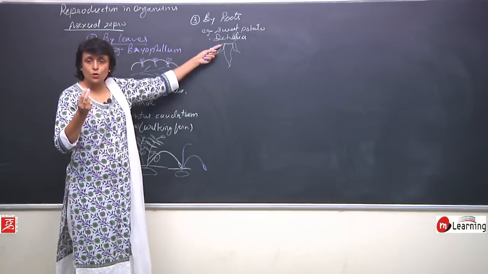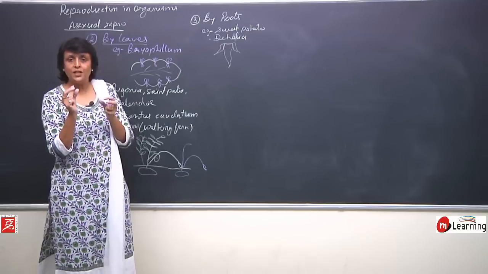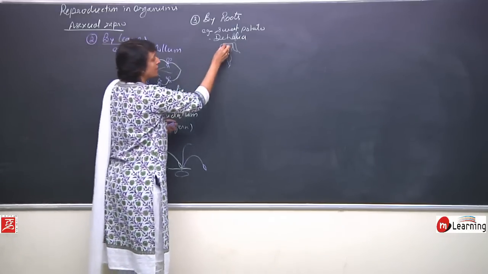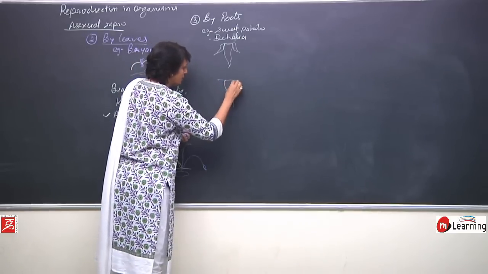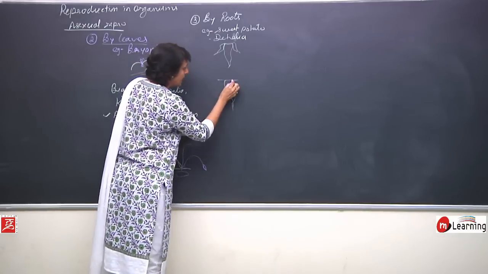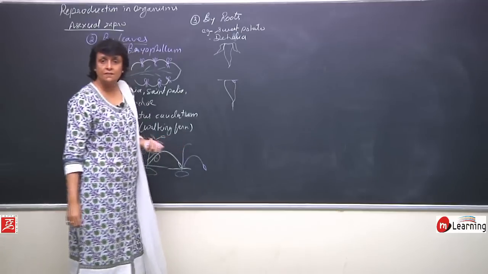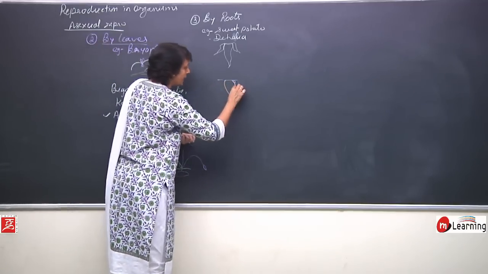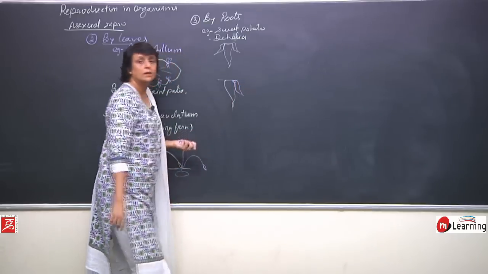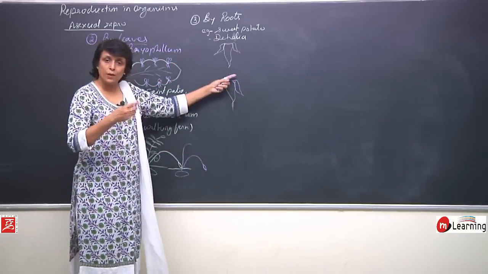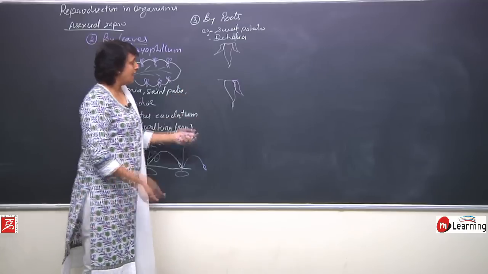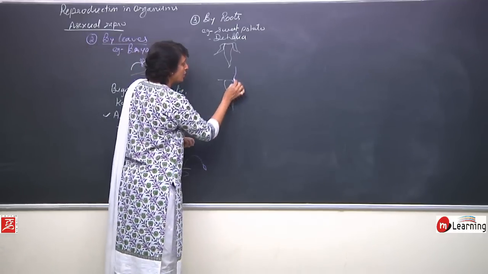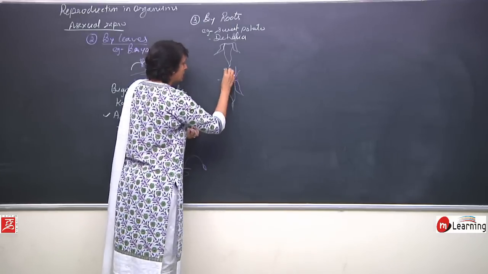So at the base of the root there are adventitious buds. If you talk about just how it is formed, suppose this is the first root. Here an adventitious bud is given out, and this bud again grows into a root. Again this root will have a bud at its base and will give rise to new roots. And from every root would arise a different plant.